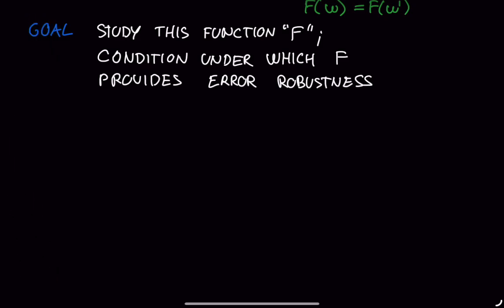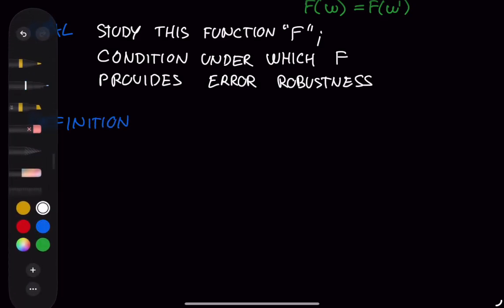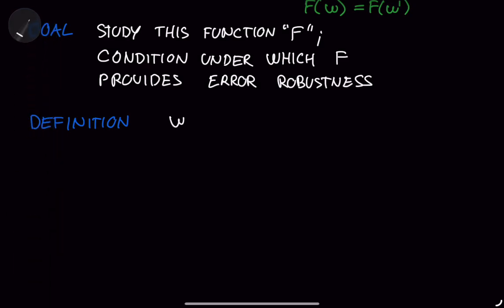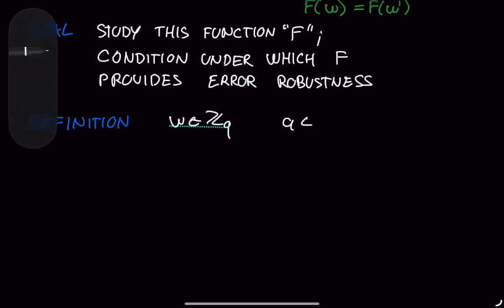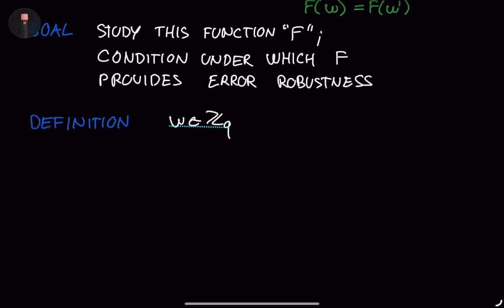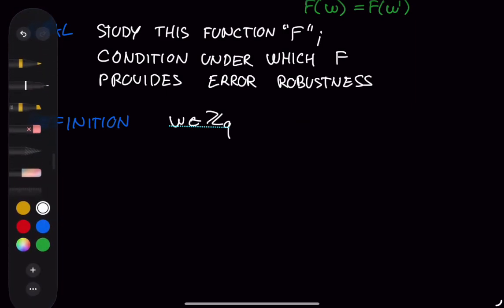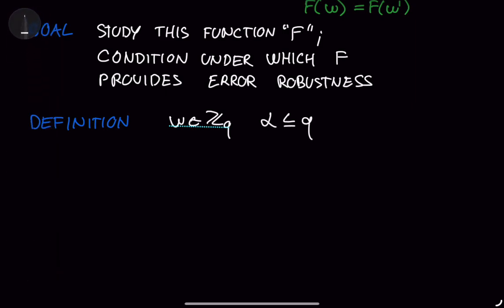For that, we define two functions. For the function, we consider elements of the set Z_q, and we have a parameter, let's call it alpha. We have a second parameter which is smaller or equal to q.